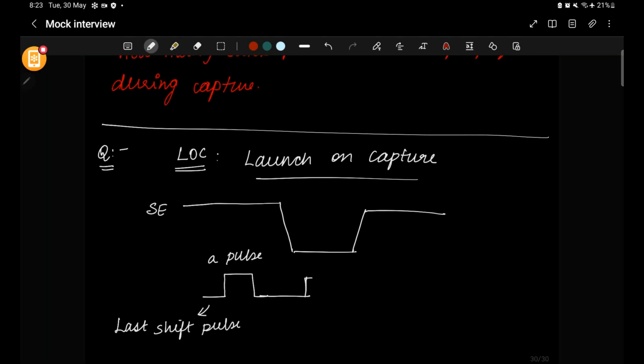And this B and C are the fast clock pulses. B and C are fast frequency clock pulses, and A is slow frequency clock.